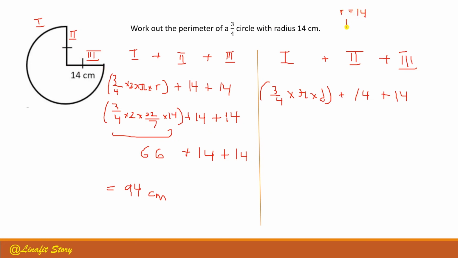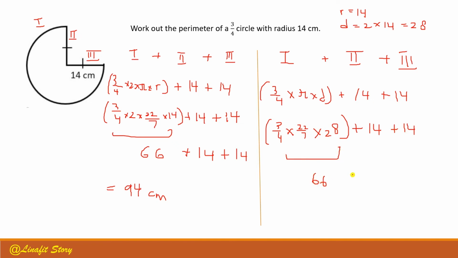So the diameter is twice the radius. 2 times 14 is equal to 28. So 3 out of 4 times 22 out of 7 times the diameter is 28 plus 14 plus 14. So this is 66 plus 14 plus 14 is equal to 94 cm.